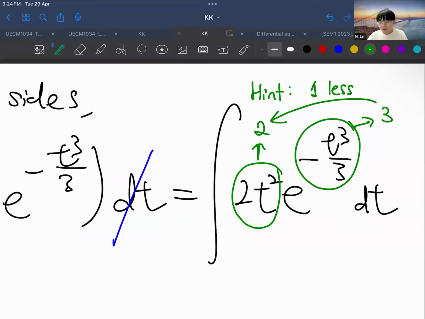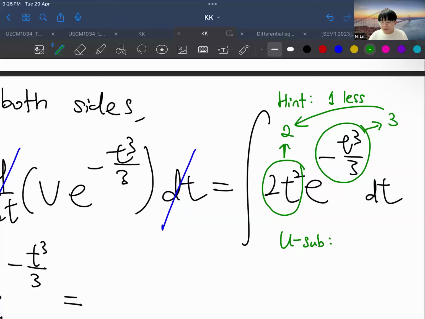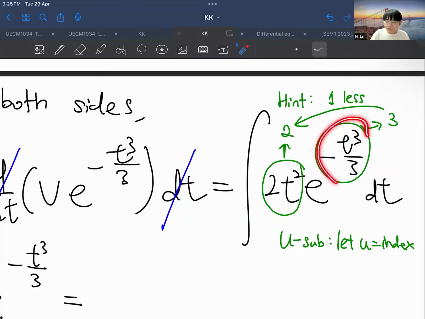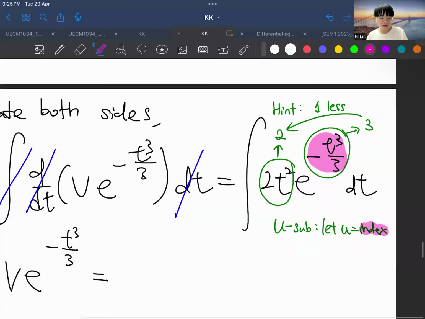Normally, u substitution will be helpful. Let u equal the index, the whole thing on the exponent. Look at the power. If the power is one less, that suggests you can do differentiation to get that. So u substitution is a very good method.